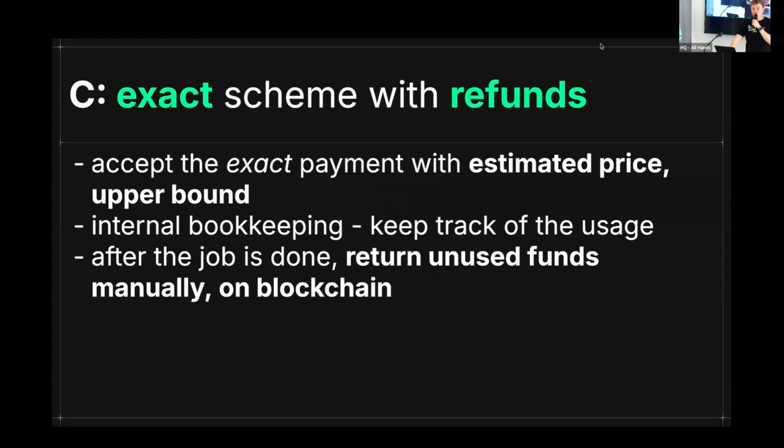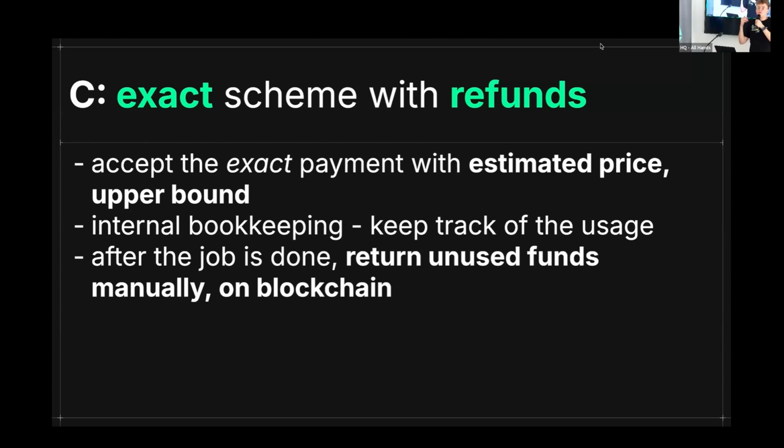So I present you the exact scheme with refunds. It basically works exactly the same as the normal scheme as I presented. You just estimate the exact price, like an upper bound.